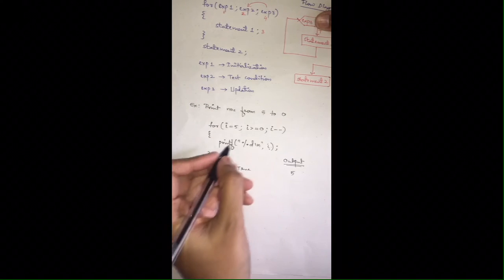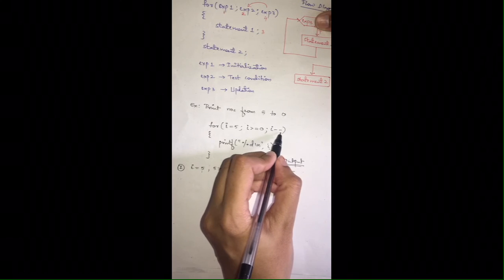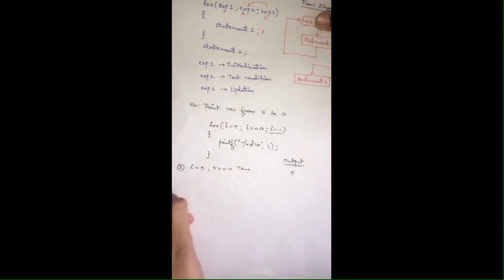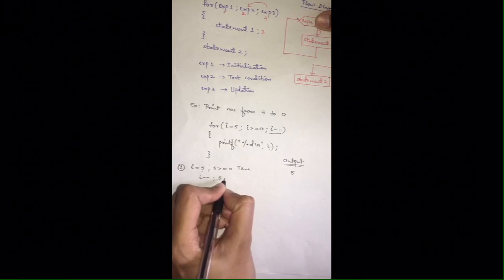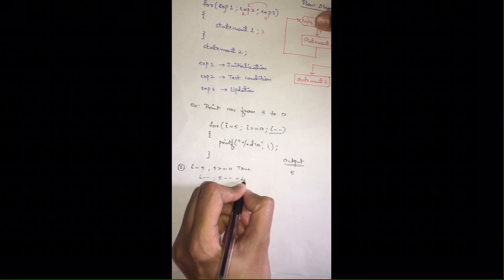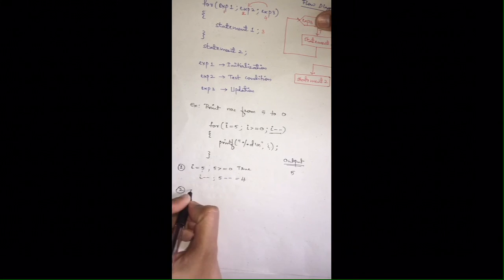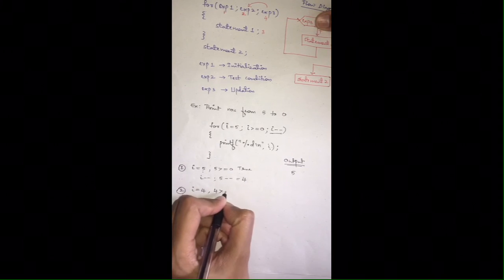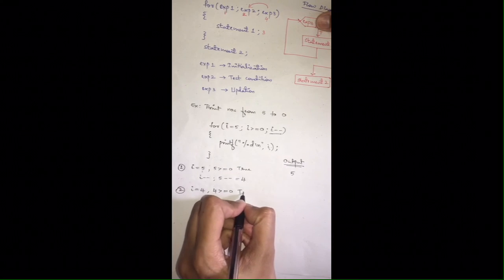Next, after printing, the control goes to the updation of the loop, that is i minus minus. So we have 5 minus minus, which is equal to 4. Now in the next iteration the i value is 4 and we check the condition: 4 is greater than or equal to 0, so it is true.